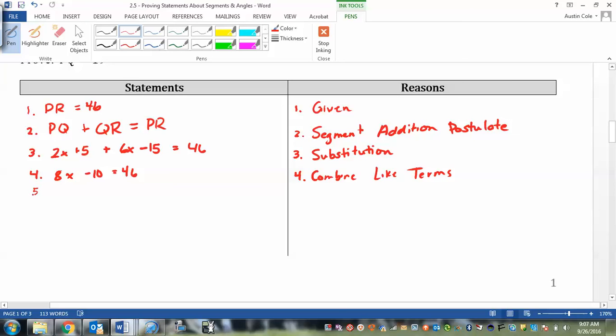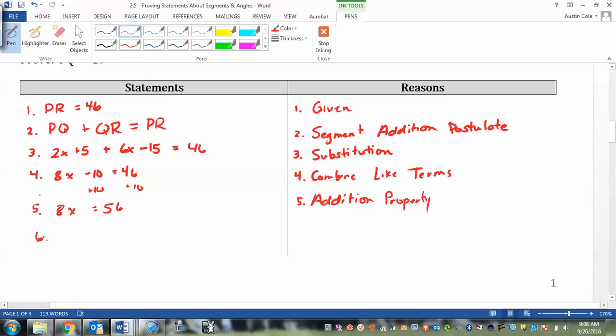Now, how am I going to solve this one? Maddie, can you tell me the next step? Sure, add 10 to both sides. So that's going to be the addition property. 8x equals 56.